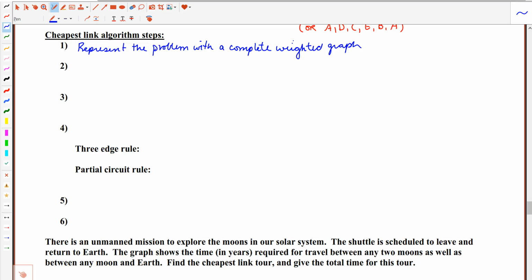Right, so for step 2, you are going to mark the edge of least weight wherever it is in the graph.